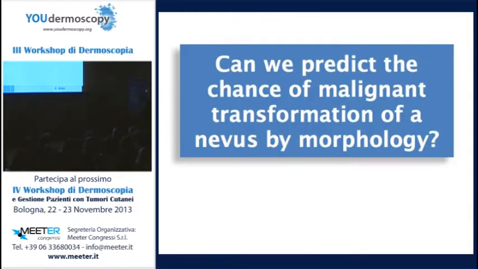Now, can we predict the chance of a malignant transformation of a nevus by morphology? First of all, most melanomas develop de novo, not in a nevus. But if the concept of the dysplastic nevus as a precursor is true, we should be able to predict by morphology which nevus will develop into melanoma or not. If we cannot predict it, then the term dysplastic nevus would be nonsense.